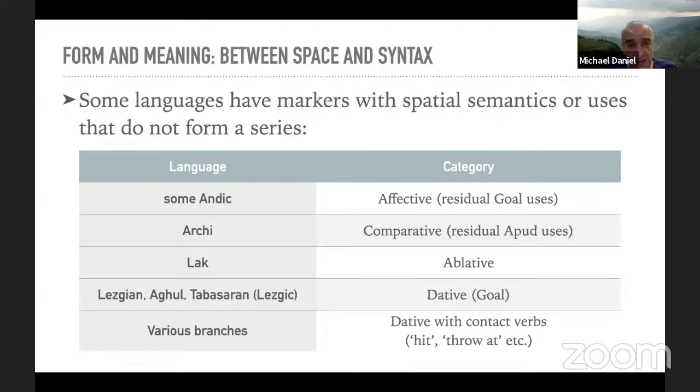For instance, in quite a few Indic languages, there is the case called affective, which is used for some kind of experiencer. So if you're saying something like, I saw a woman or I found money, you would use your experiencer in the affective form. So it looks like a kind of non-canonical subject. Subject is a purely syntactic role.